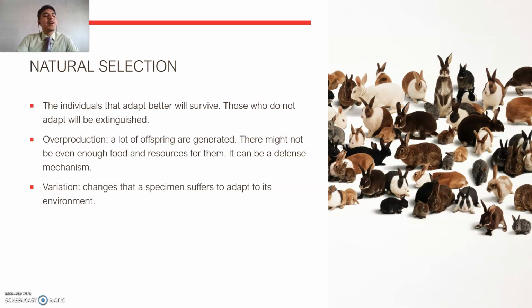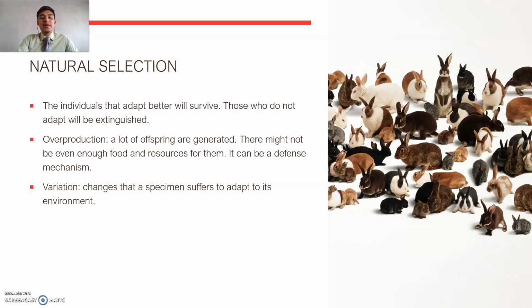We also have something called variations, changes that a specimen suffers to adapt to its environment. So let's suppose that at some point there were certain rabbits that would only produce 2 or 3 offspring. And there were some other rabbits that would produce many more, like 8 or 10 rabbits at a time.